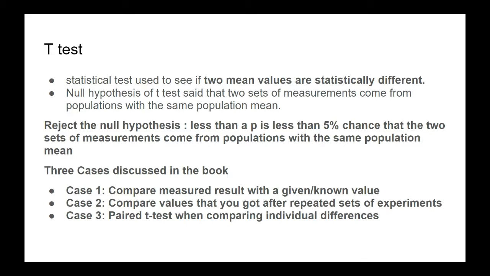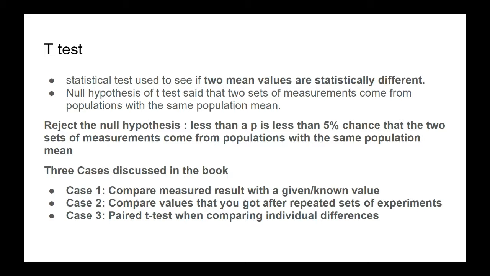In 4.4, the book talks about the t-test. The t-test is a statistical test used to see if two mean values are statistically different. Take note of the words statistically different. Something to remember is that the null hypothesis of the t-test says that two sets of measurements come from populations with the same population mean.